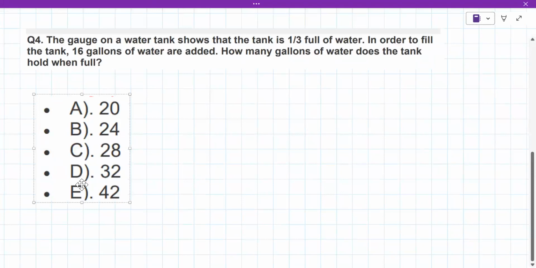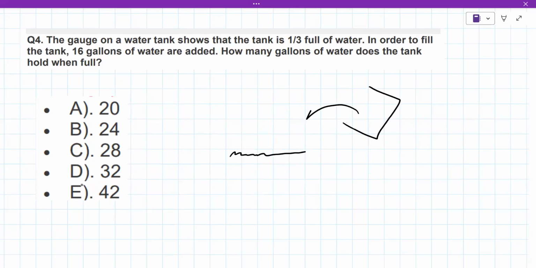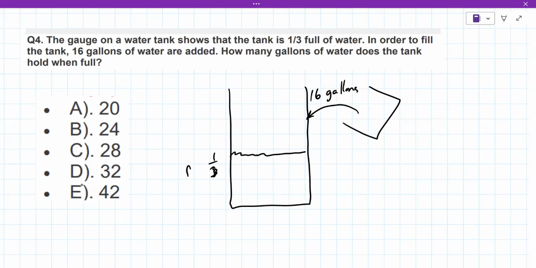The gauge on a water tank shows that the tank is 1/3 full of water. In order to fill the tank, 16 gallons of water are added. So they don't know the water level, but they're pouring in 16 more gallons. Right now this thing is 1/3 full. So we want to know how many gallons it has when it's full.